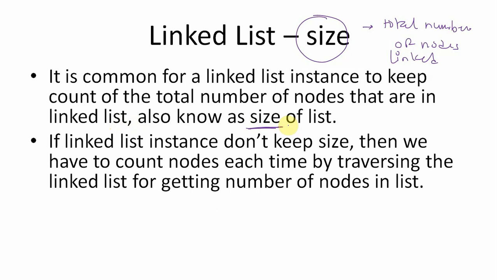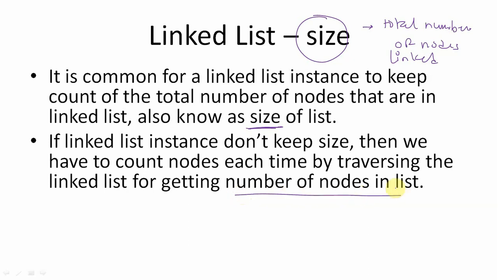If the linked list instance does not keep size, then we have to count nodes each time by traversing the linked list to get the total number of nodes in the list.